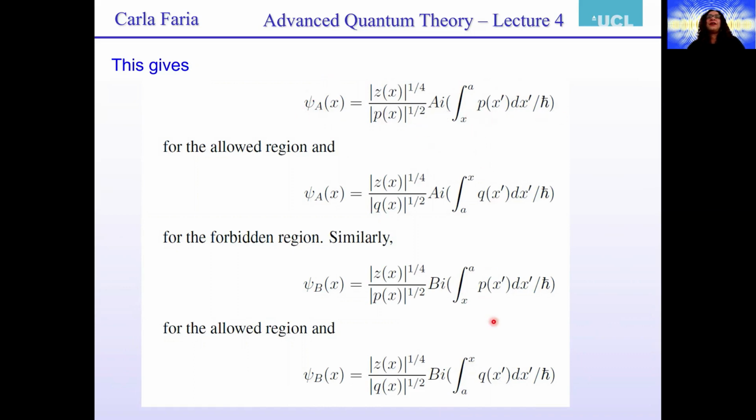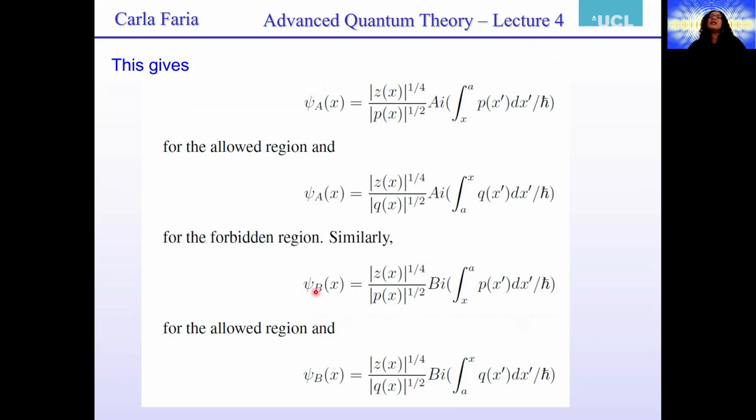And this is for the allowed region and this for the forbidden region, psi A in both cases, whereby P and Q have been previously defined. Just have a look at our previous slides. And similarly, we find this expression here.